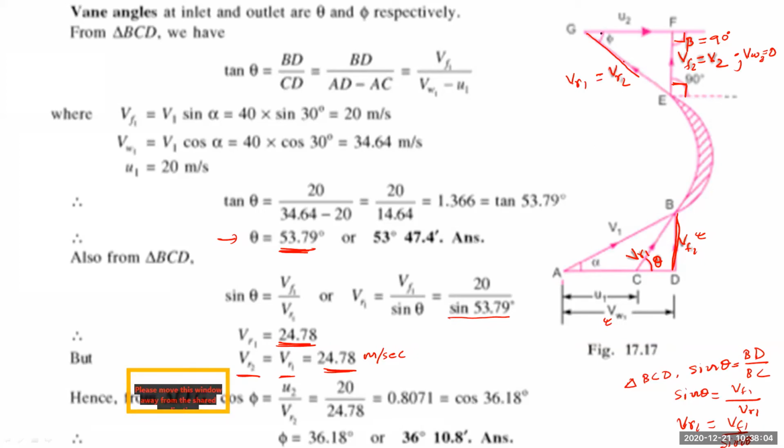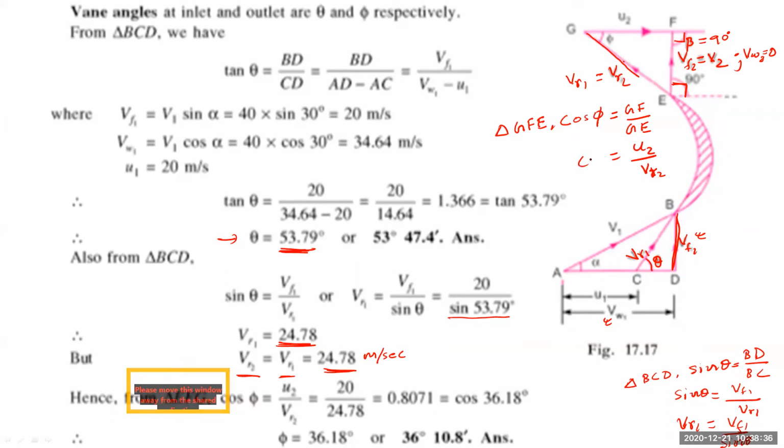Cos phi in triangle GFE: what will be your cos phi? Cos phi will be base upon hypotenuse. Base is GF and hypotenuse is GE. GF is your U2 and GE is your VR2.